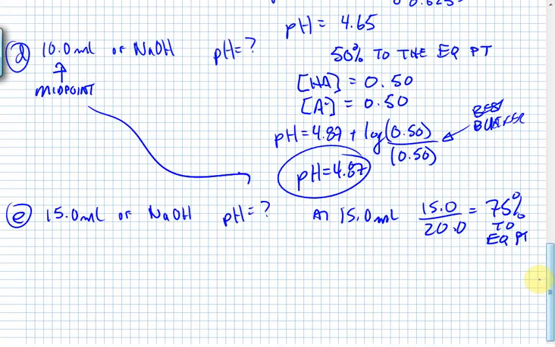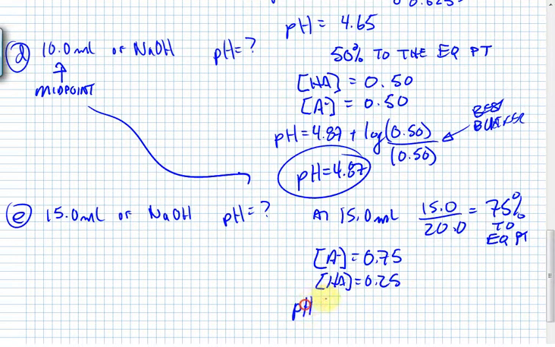What does that mean? That means the relative concentration of the A minus now is 75% of the original concentration of the HA. The HA concentration has decreased to 0.25 of its original concentration.